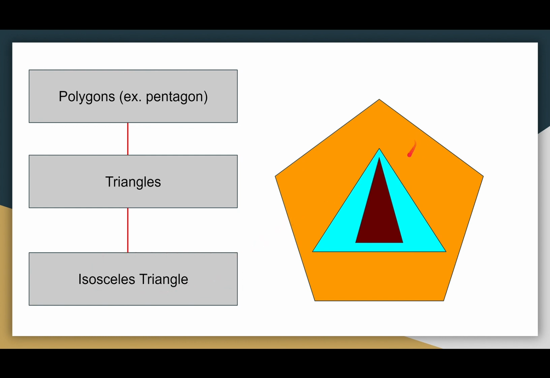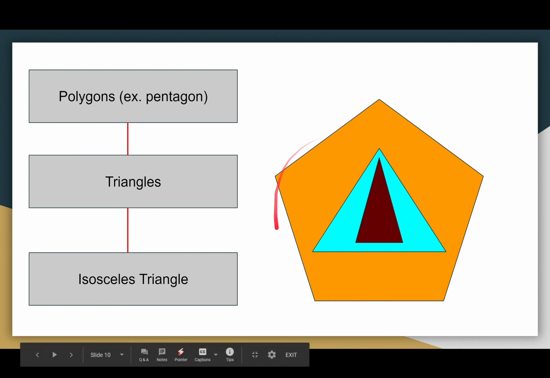Isosceles triangle. Then if we want to make a statement out of this, and describe the shapes and the relation, what can we say? Think about it for a second. When we think about it, we can say that all isosceles triangles are triangles. All isosceles triangles are polygons.